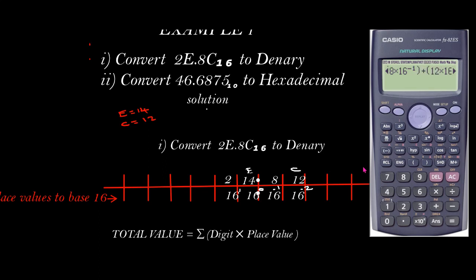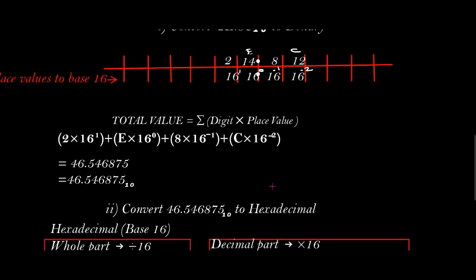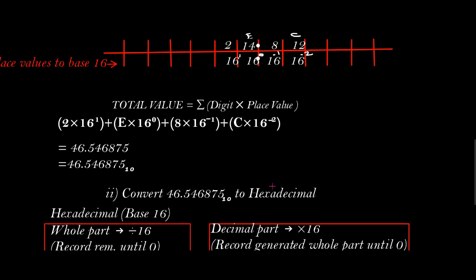Then C, which is 12, so 12 times its place value, which is 16 raised to -2. Remember, that is the second digit after the decimal point on the right. So if you sum all that, you get the total value of that number. So you get the total value to be 46.546875. So the total value of any number is always to base 10.